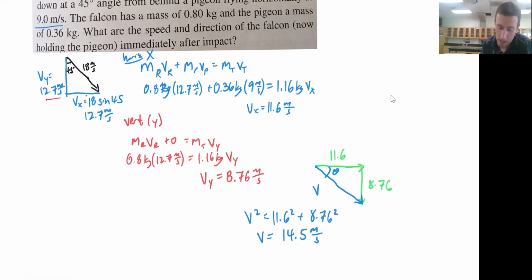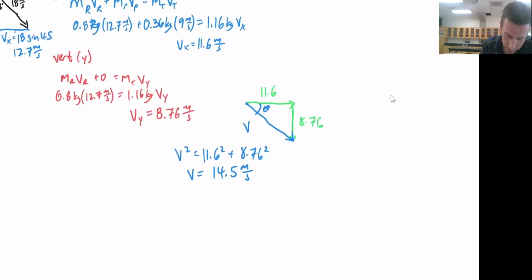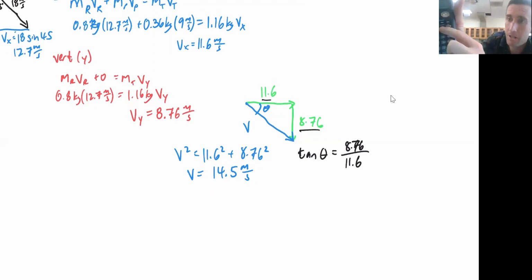And then the last part is what about the angle? So for the angle, I can do the tangent of theta, because I have the opposite and the adjacent, equals 8.76 over 11.6. And then I have to do the tangent to the -1, the inverse tangent. It's the second part of the tangent button. So tangent to the -1 of 8.76 over 11.6 gives me 37 degrees.